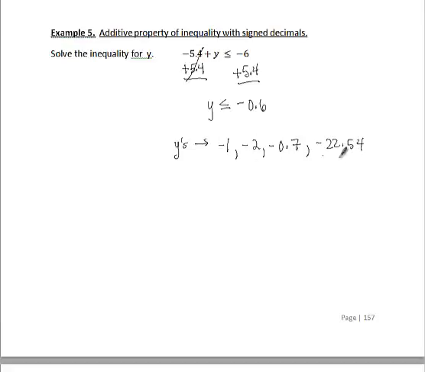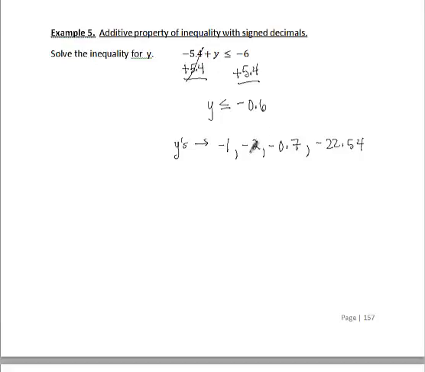Okay, any decimal number, any fraction with a negative sign, as long as the number part is greater than 0.6, meaning it is further away from 0 than 0.6, will satisfy the original inequality.